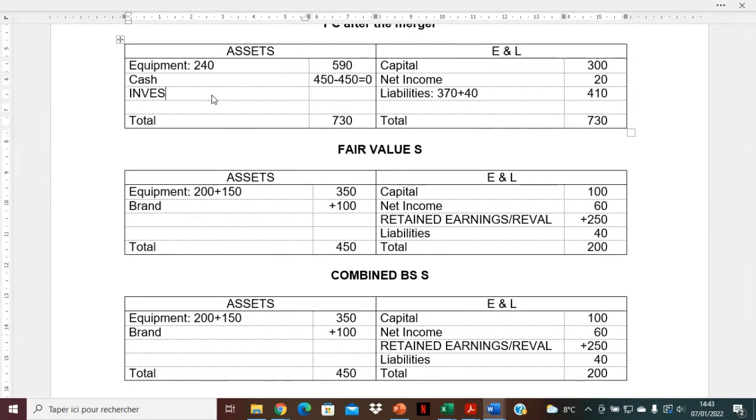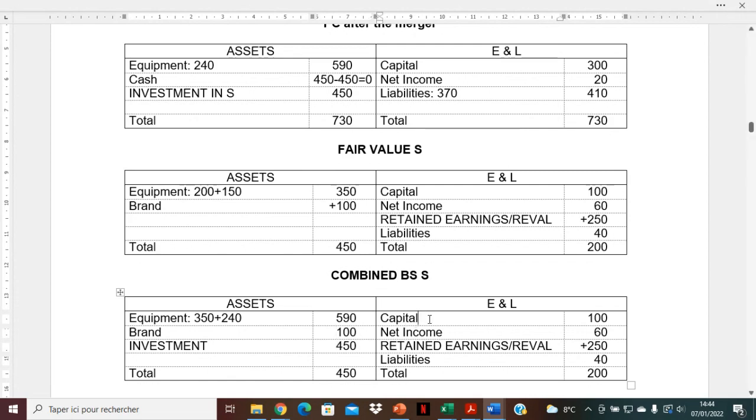And remember that the parent company spent all their cash to invest in S, and the amount of the investment is 450. That's what we had originally. Okay, so the subsidiary has an equipment of 350. I add the equipment of the parent company, 240. Total equipment is 590. I have a brand name. I have an investment, in my combined balance sheet, of 450.